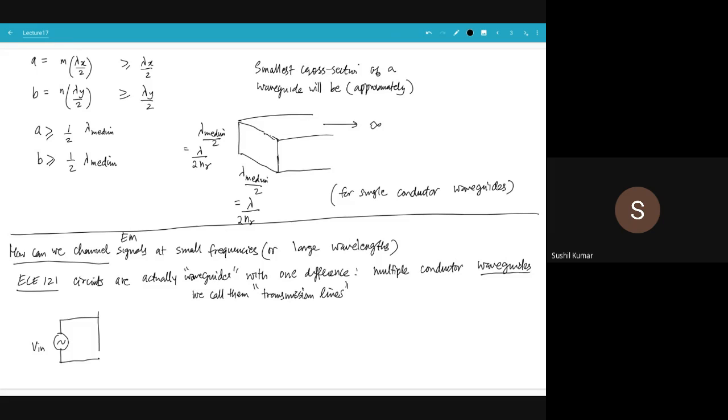Then you connect a circuit, an op-amp circuit, let's say, your audio amplifier, or whatever you may have. And then it will have a load. I told you there are multiple conductors. Which ones are the multiple conductors in this circuit? Is it a single conductor or multiple conductors?